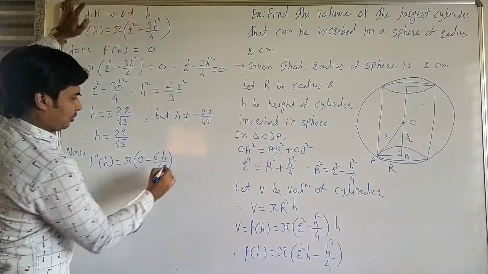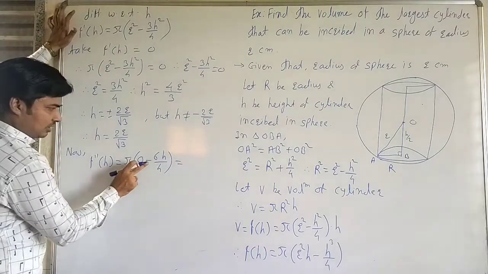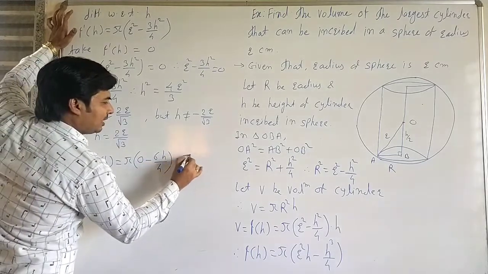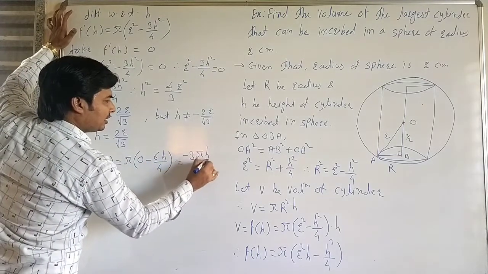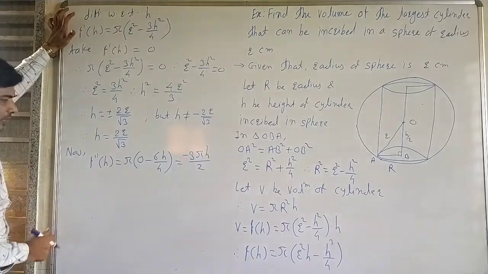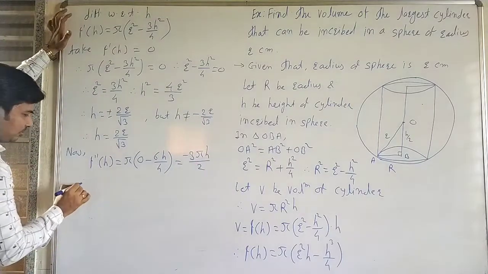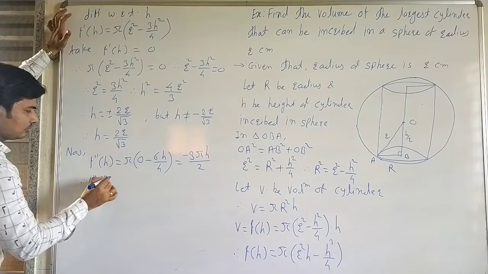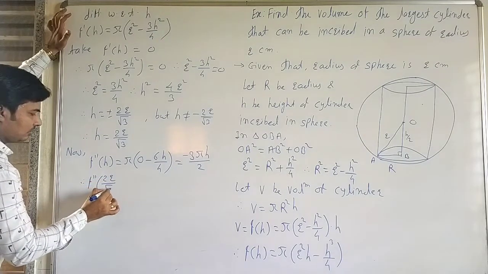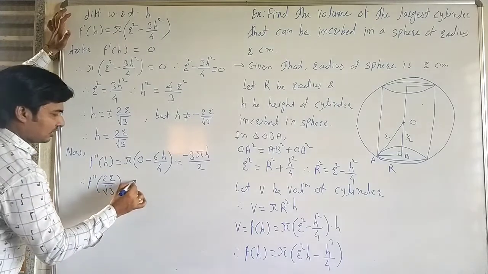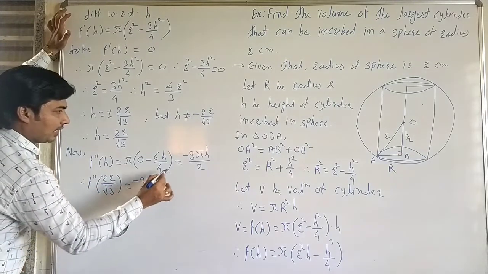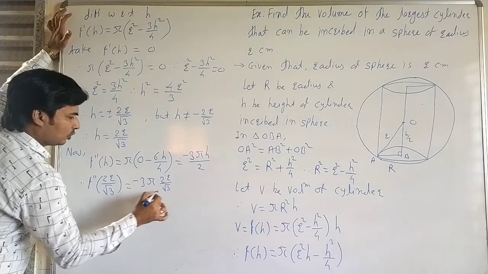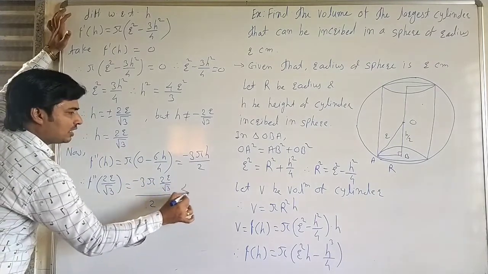Therefore f double dash is minus, 6 by 4 is 3 by 2, therefore minus 3 pi H by 2. It is f double dash of H. Therefore f double dash of 2r upon under root 3 is minus 3 pi times 2r upon under root 3 whole upon 2, which is less than 0.